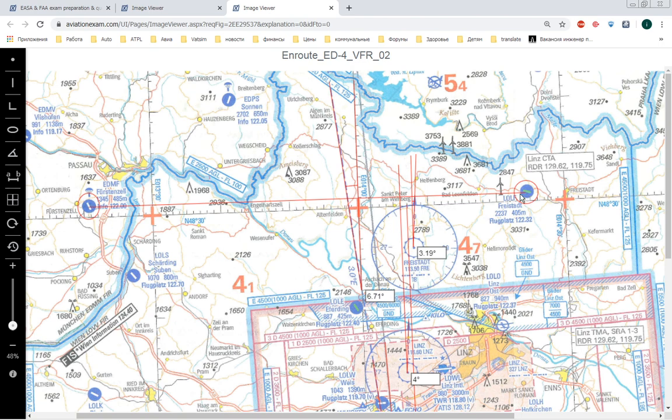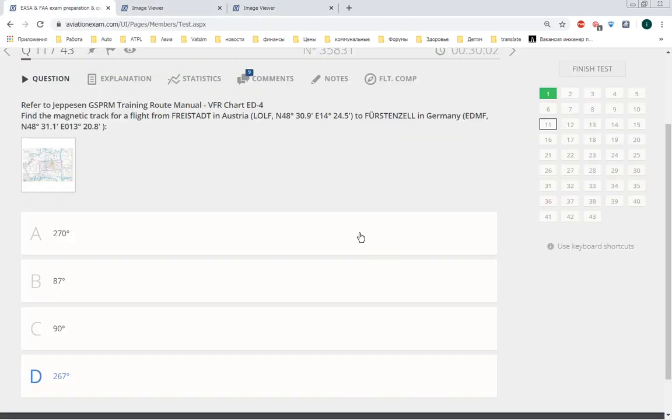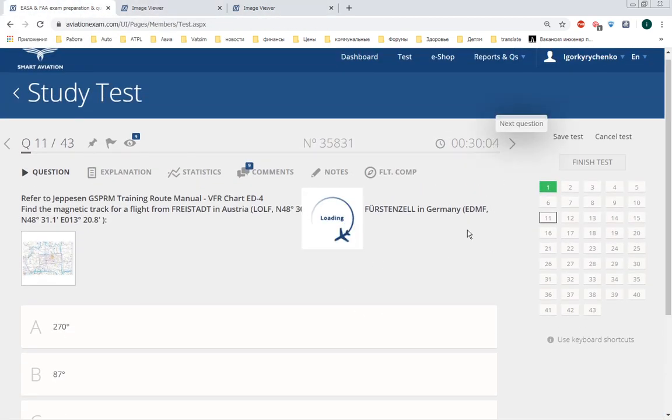So your course would be more with this deviation. But for purposes of that question, we have only one, 3 degrees deviation. Okay, that is the answer. Yeah, and that is correct.